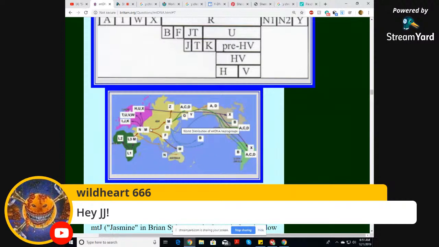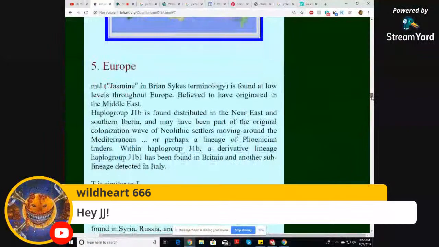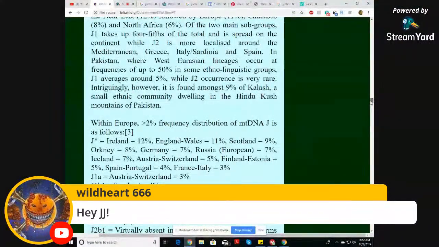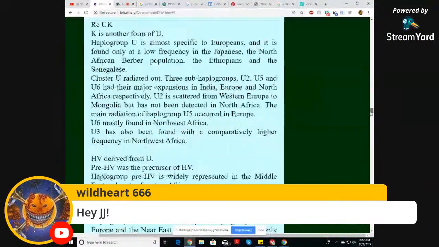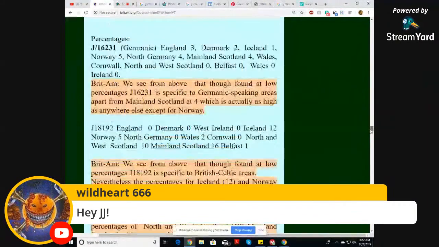So that's the way that works, because it's M, C, M, M, M. These are all Japhethites, and the N's are Semitics. So that's the way that works, apparently. Well, yeah, DNA doesn't lie.